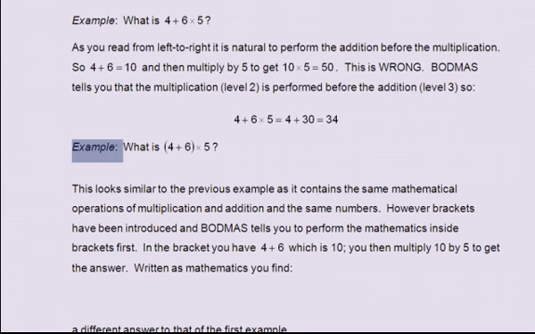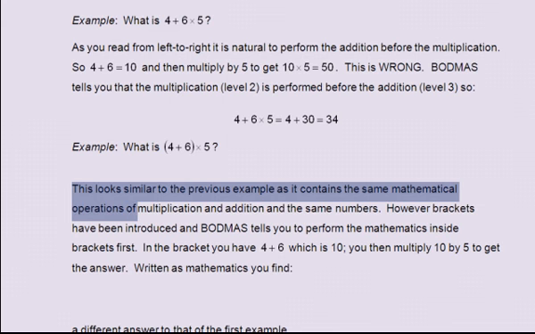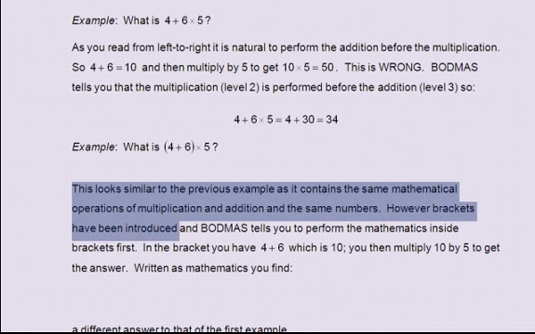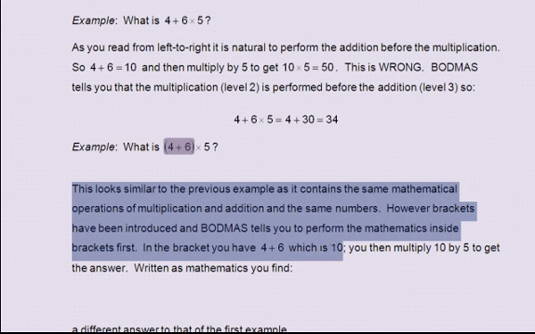Let's look at another example. What is 4 plus 6 in brackets multiplied by 5? This looks similar to the previous example, as it contains the same mathematical operations of multiplication and addition and the same numbers. However, brackets have been introduced and BODMAS tells you to perform the mathematics inside the brackets first. In the bracket you have 4 plus 6, which is 10.